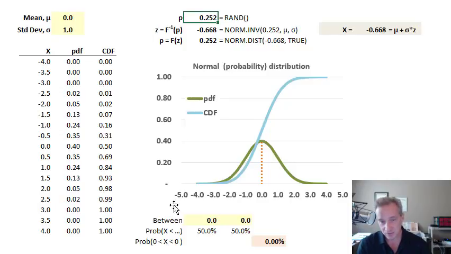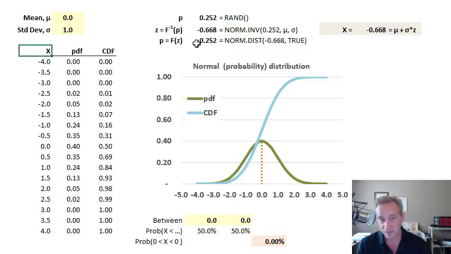So the z value here is the x-axis. You can see I have the x values here. I could also have labeled this as z, but the z just connotes it's the normal distribution.